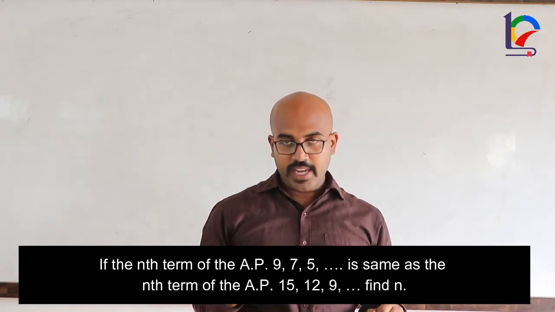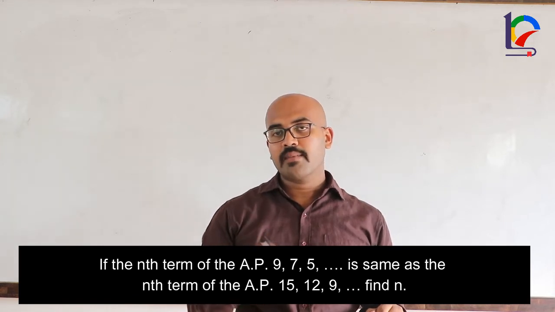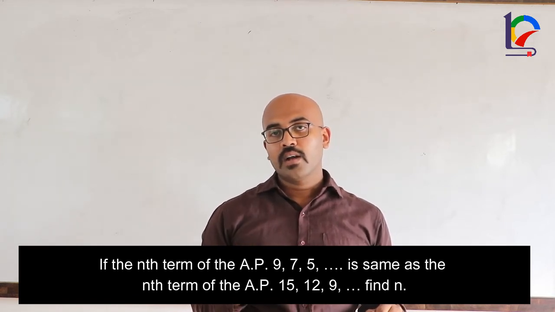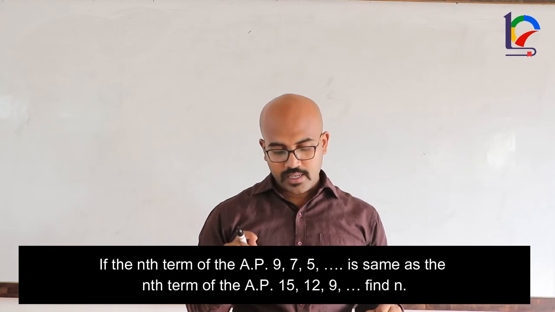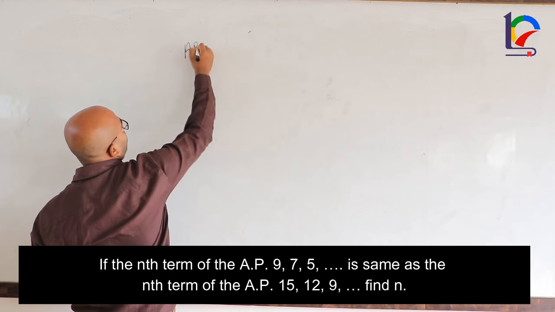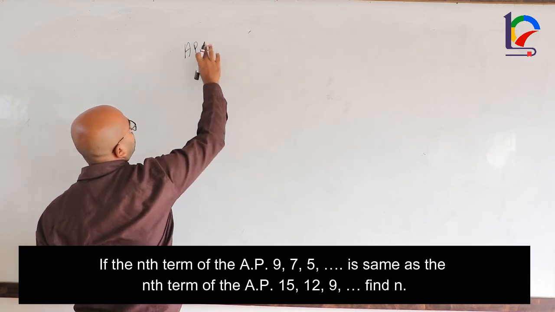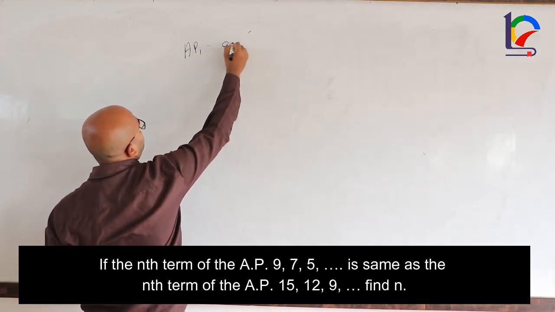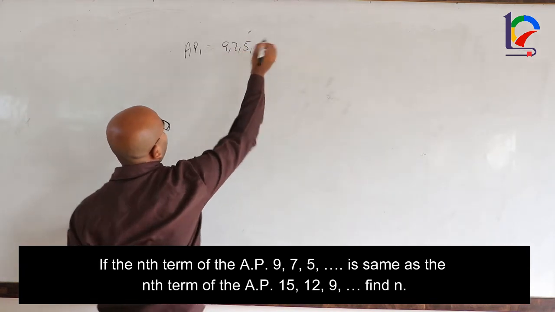If the nth term of an AP whose sequence is 9, 7 and 5, they have given an AP. Let's take it as AP1. The sequence is 9, 7, 5 and so on.